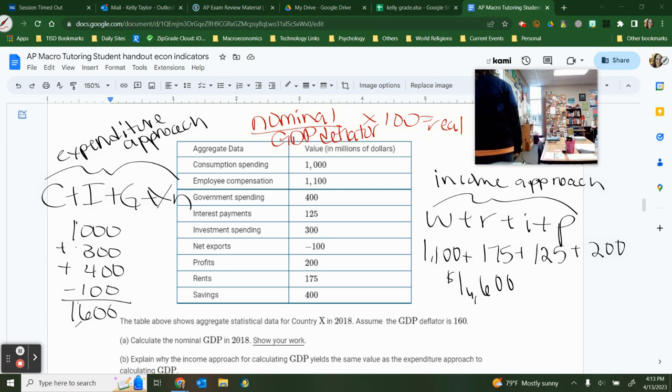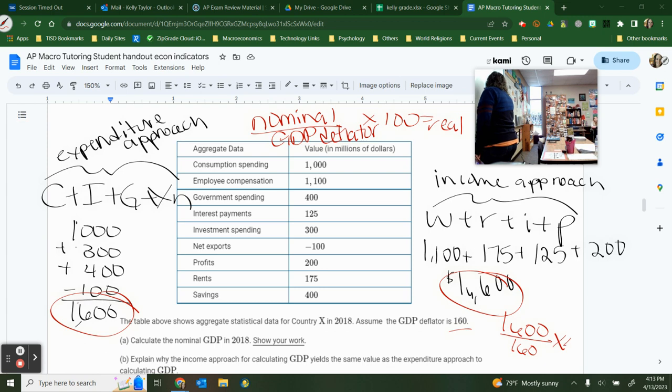Nominal is right here. You can use this number or this number, it's the same number. So 1,600 divided by the GDP deflator of 160 times 100 is going to give you a grand total of $1,000 as the real GDP using that GDP deflator equation.